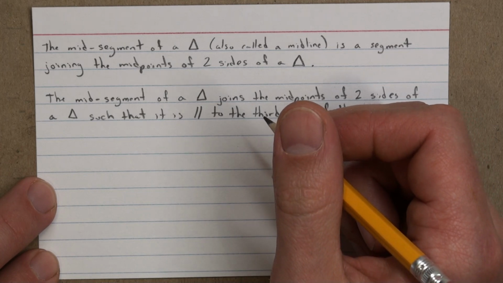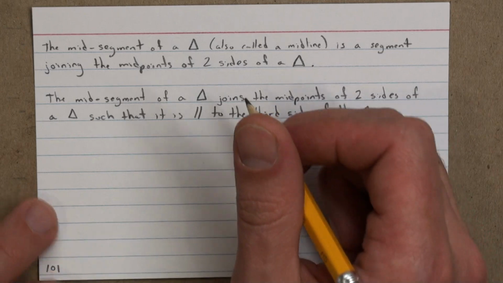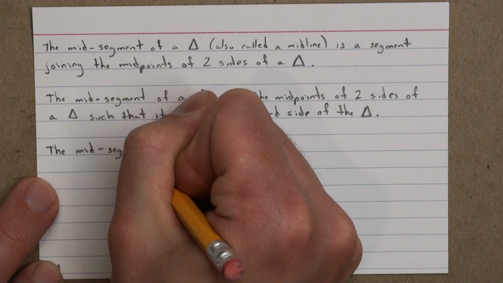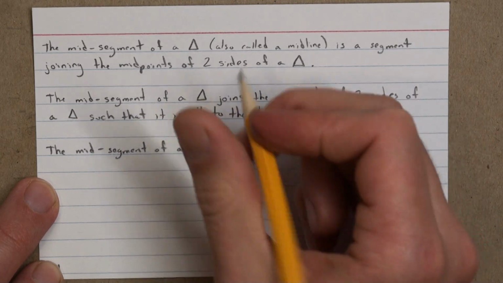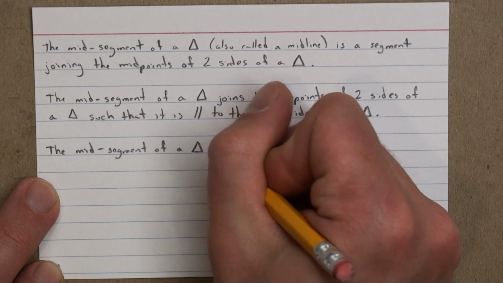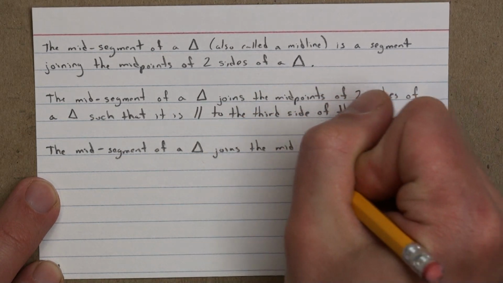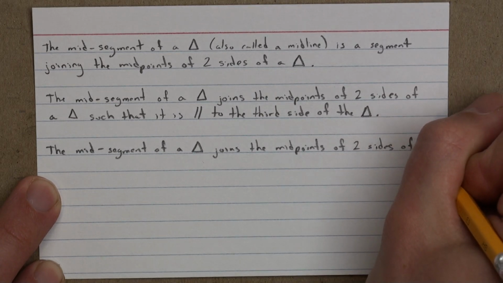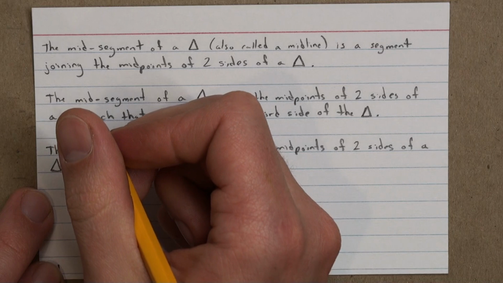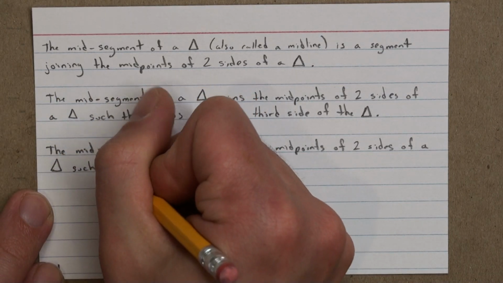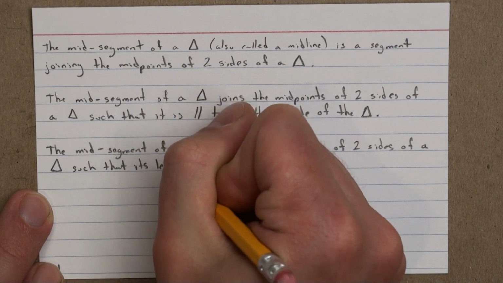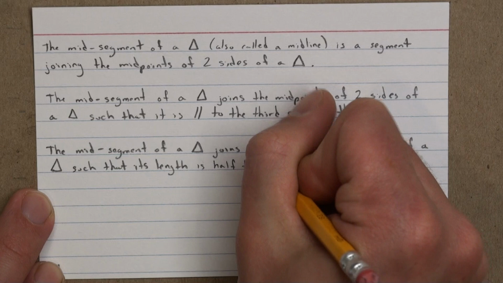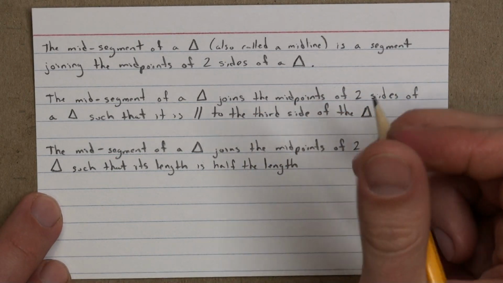And the mid-segment of a triangle joins the midpoints of two sides of a triangle such that its length is half the length of the third side of the triangle.